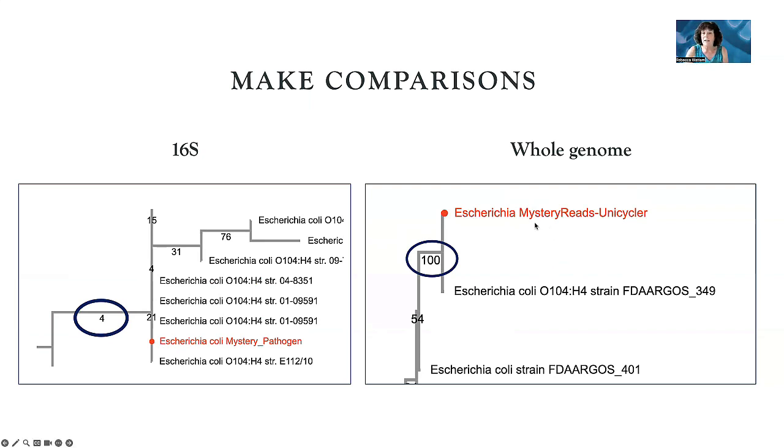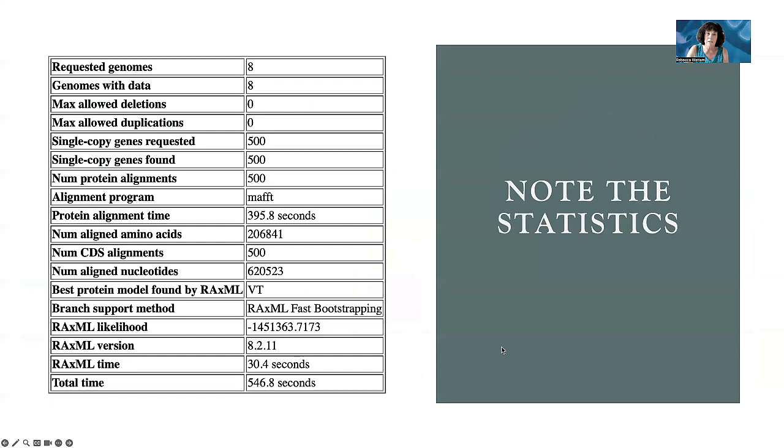So this, to me, I have much more confidence that this is the close relative of this guy rather than any of these guys. You should also pay attention to statistics, especially if it's 1 gene compared to 500 genes. And this gives you the information that has been used to do those confidence or bootstrap values.